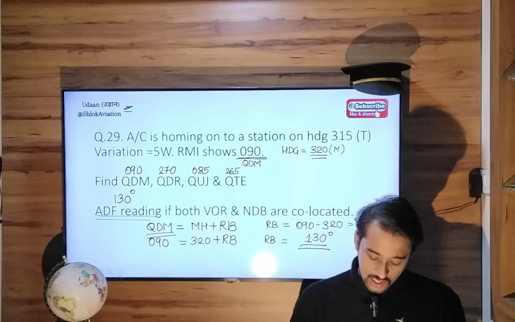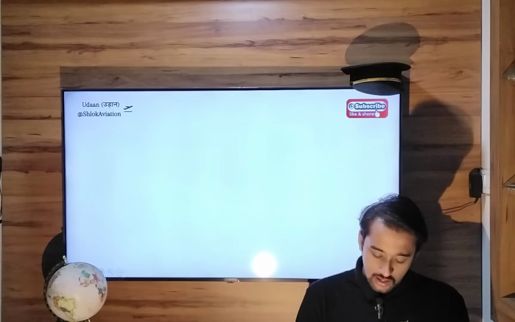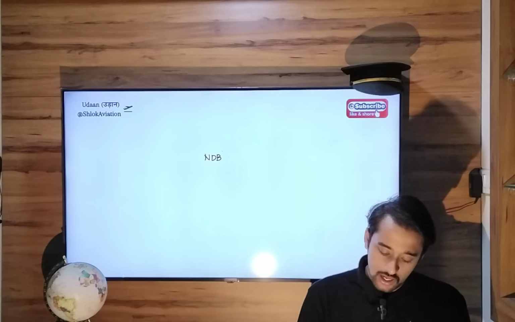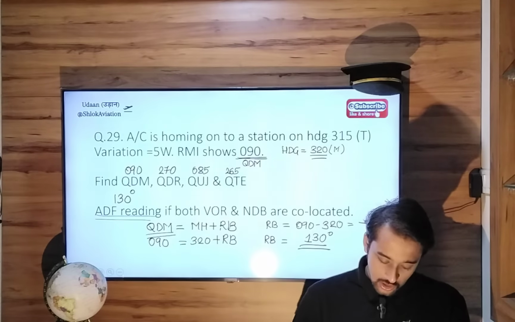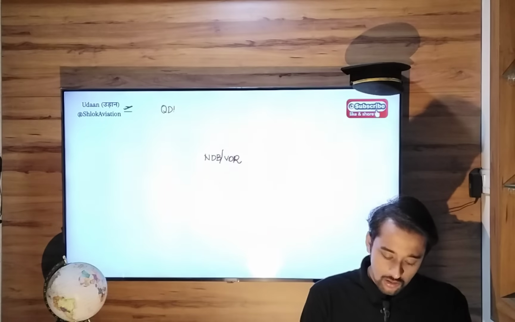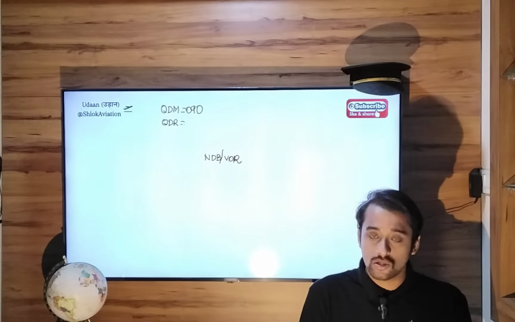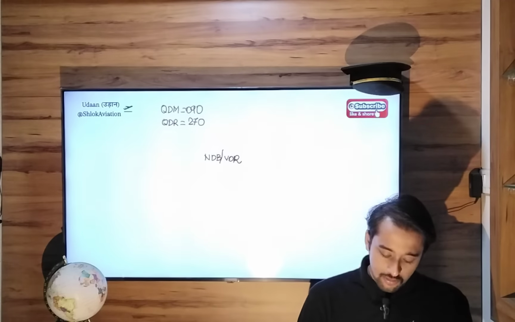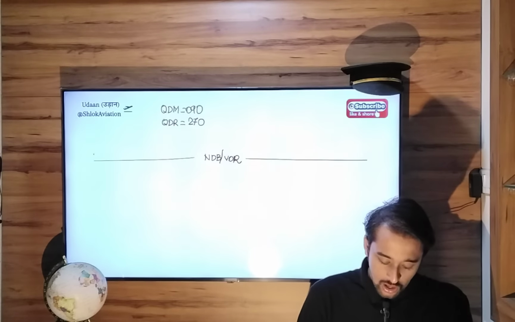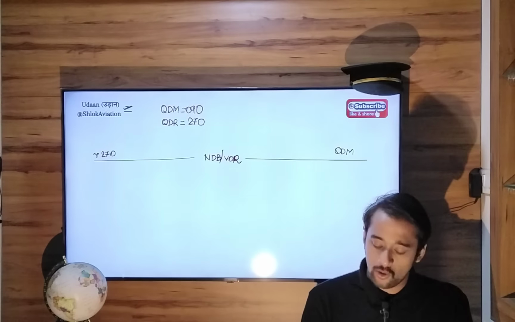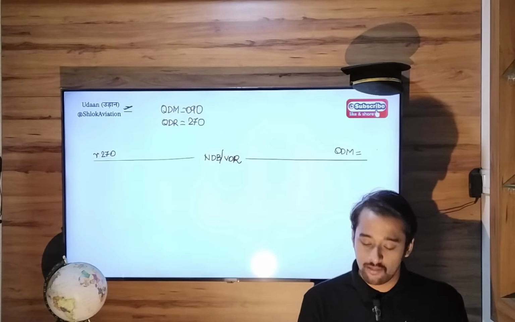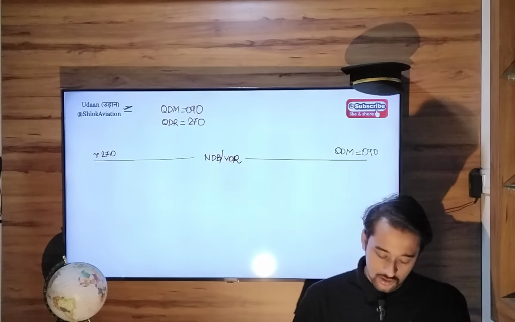See, QDM is 090. Let's draw NDB VOR. If QDM is 090, QDR will be 270. So that means you are on radial 270 and going towards the VOR NDB, you will have to fly a QDM of 090.